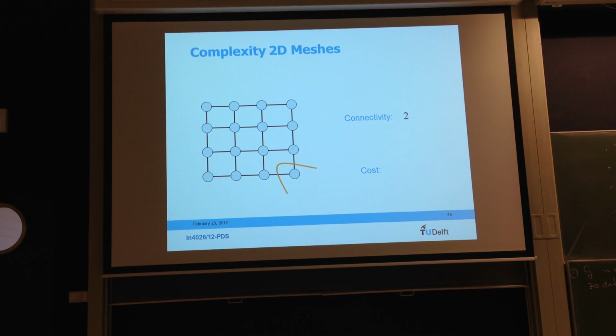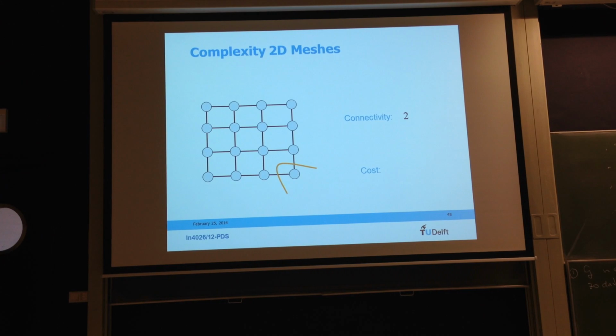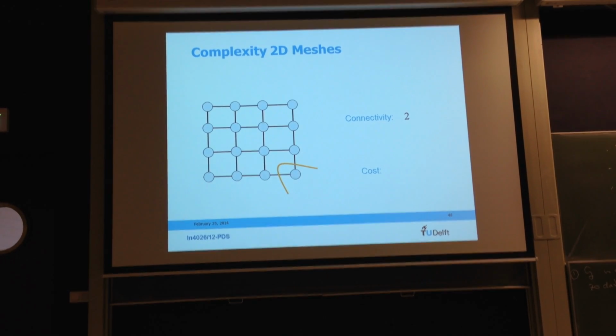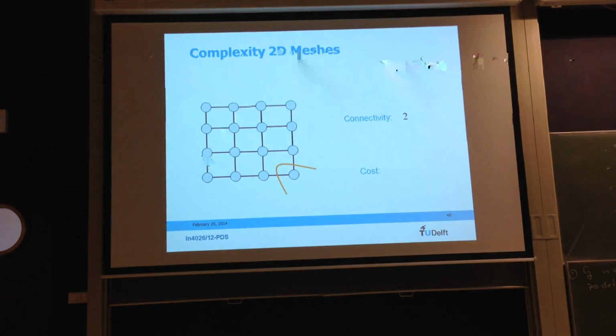The bisection bandwidth. 4. Yeah, in this case it's 4, but if you have P processors, it's a square root P by square root P mesh, right?